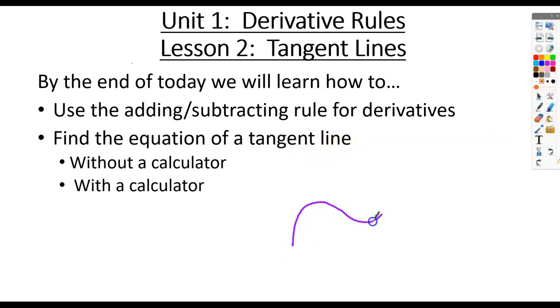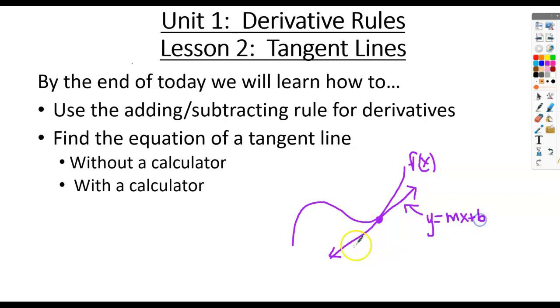So as you guys know, we've been given functions, and we've also been spending a lot of time finding what is the slope of a function at a specific point, which is the slope of the tangent line, which is this little straight line that touches the curve at one single point. So our goal is we want to find the equation of that line. Now, since it's a straight line, it's going to take the form y equals mx plus b.